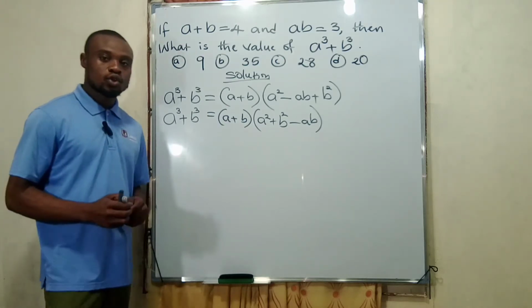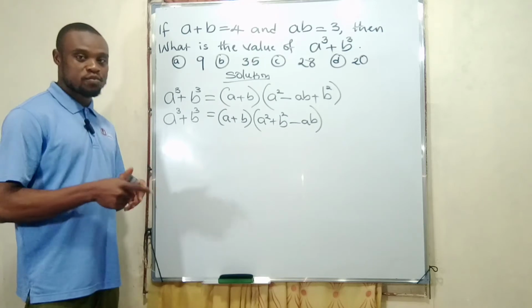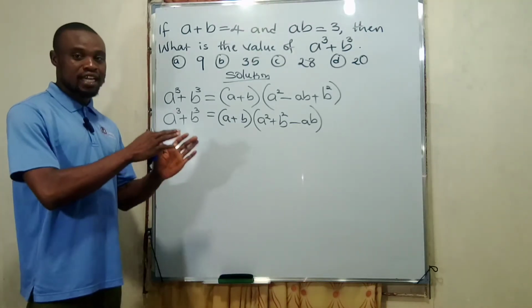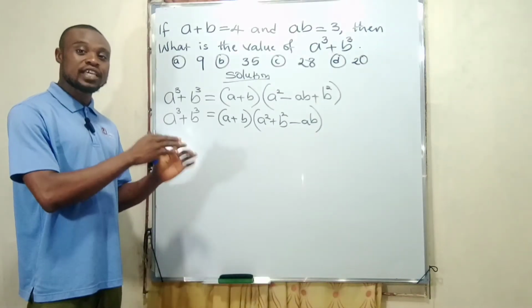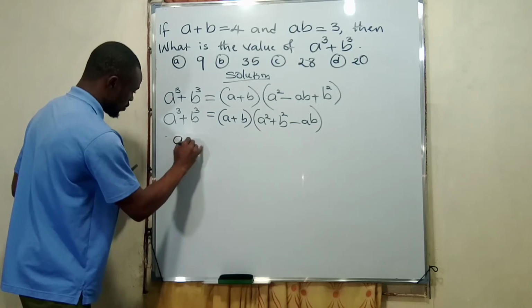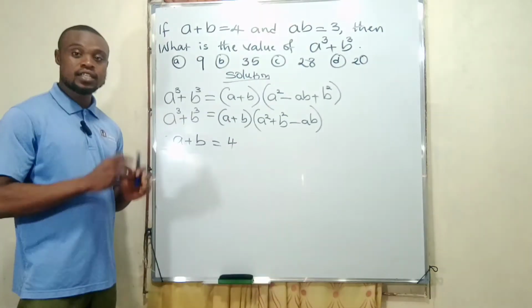All right. So now in the question we have a plus b. Also in the question we have a times b. So let's keep a times b and let's work with a plus b first. A plus b is equal to 4, as given in the question.